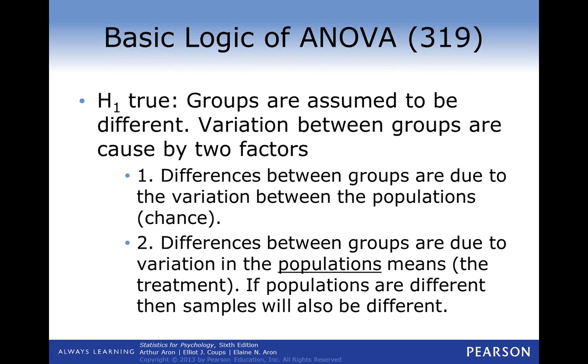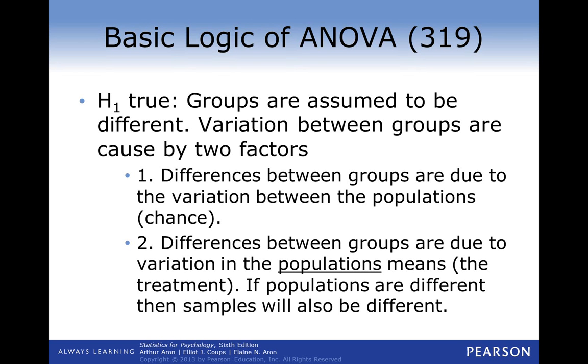In other words, they each get a different type of independent variable, the level. And your differences are going to be due to not only the within group variance within that group, but to the between caused by the different levels of the independent variable. The differences between the groups are due to the variation in the population means, in other words, the treatment.